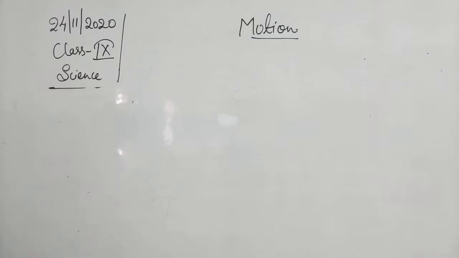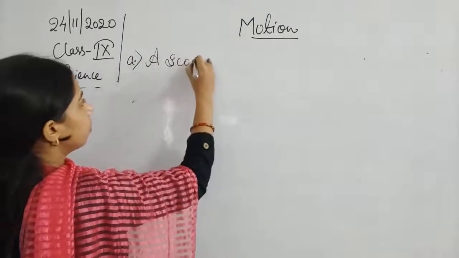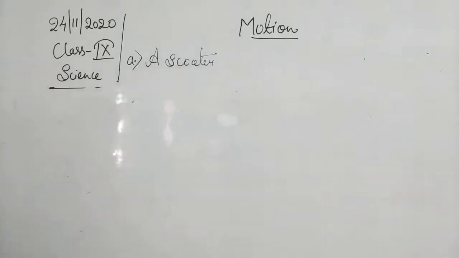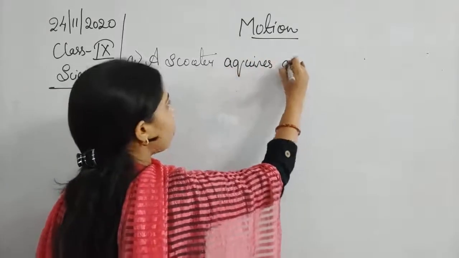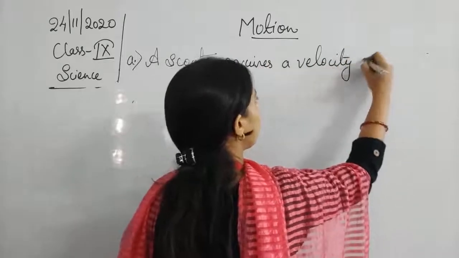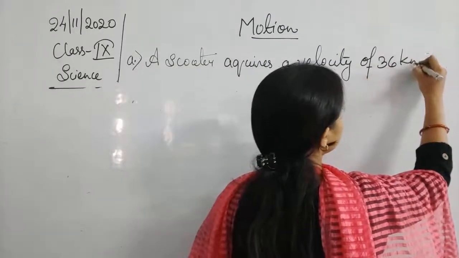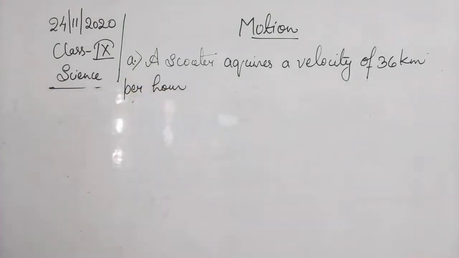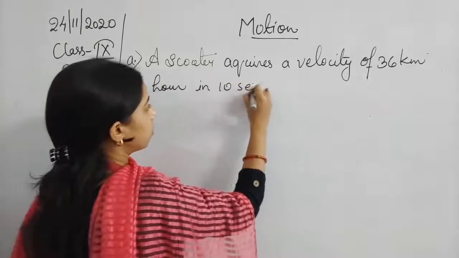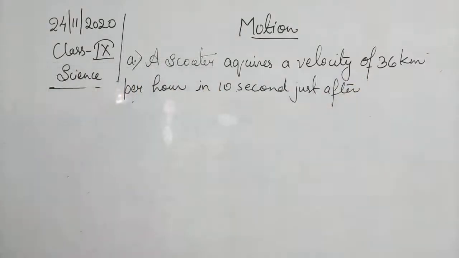The question: a scooter acquires a velocity of 36 km per hour in 10 seconds just after the start.